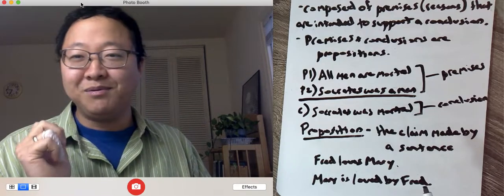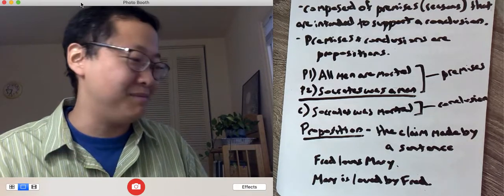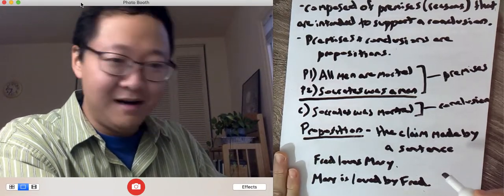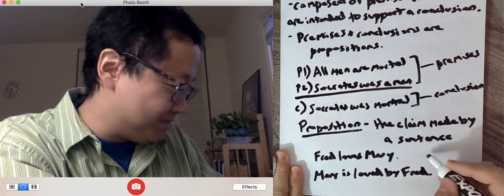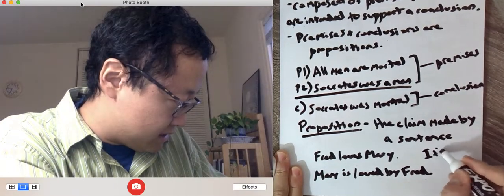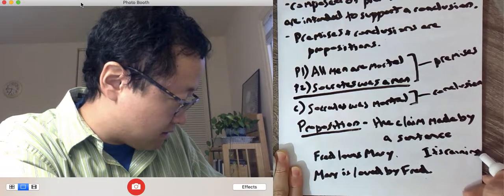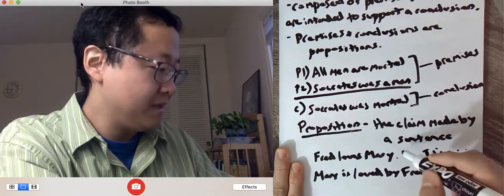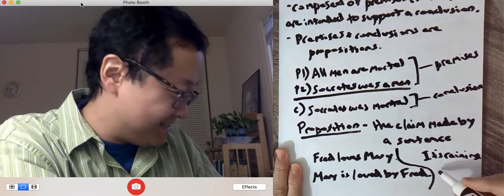Here's another example of two different sentences that are expressing the same proposition. Suppose I say, I'm running out of space here, but it's raining. That's one sentence. Here's another sentence.